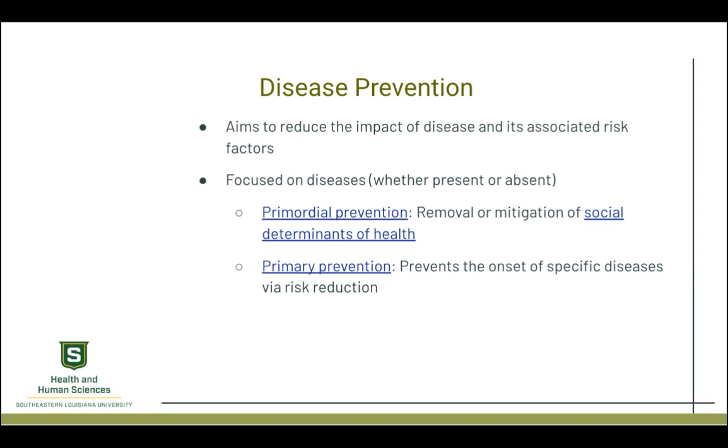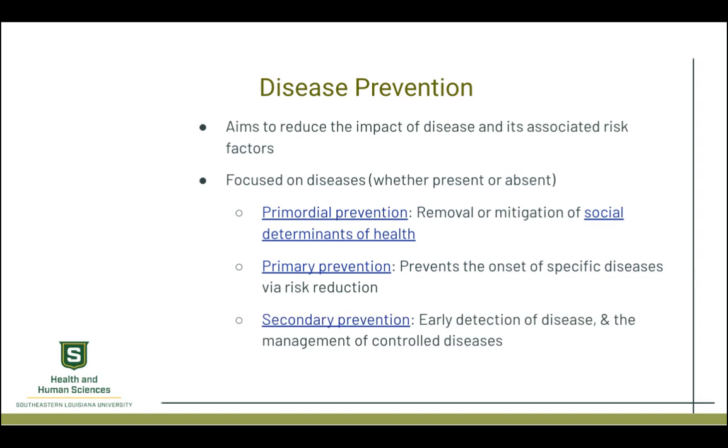An example would be vaccination, because you're trying to prevent people from getting a particular infection by vaccinating them. Social determinants with the primordial prevention could be trying to educate people about vaccination, whereby they become more in tune with or more open towards getting the vaccination.